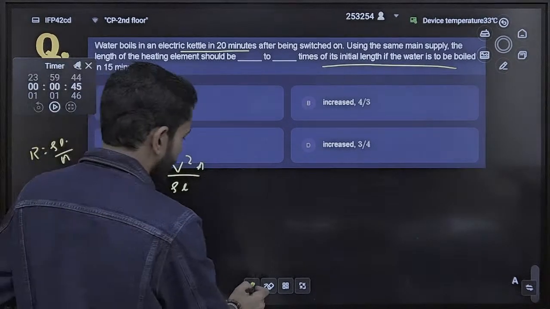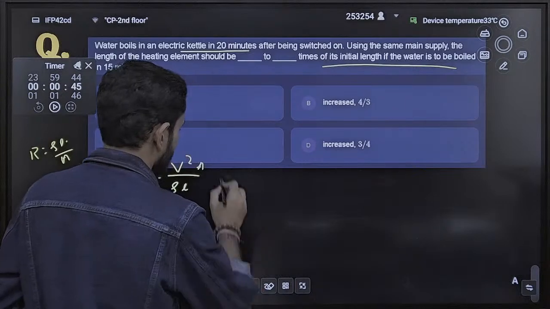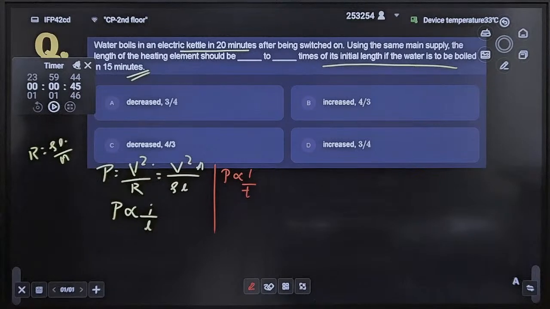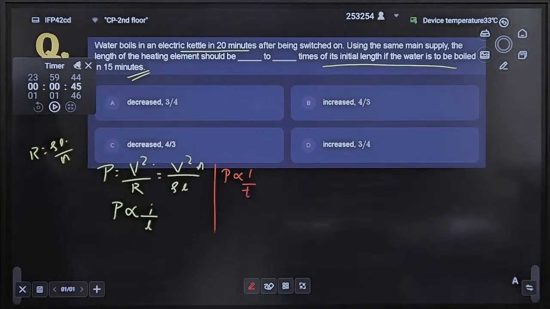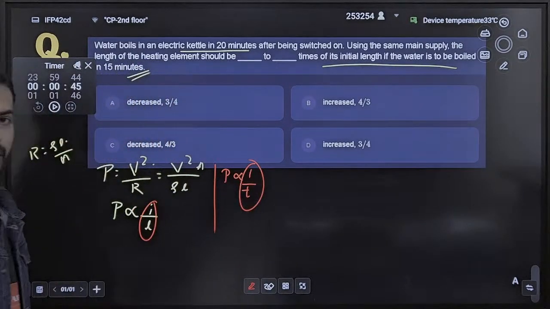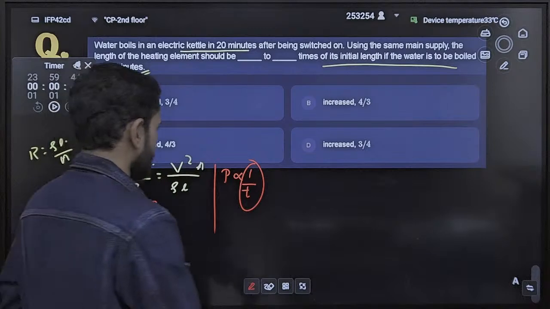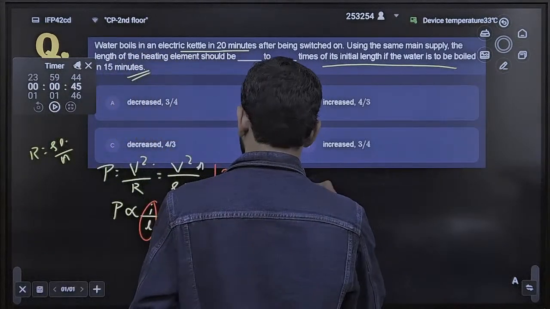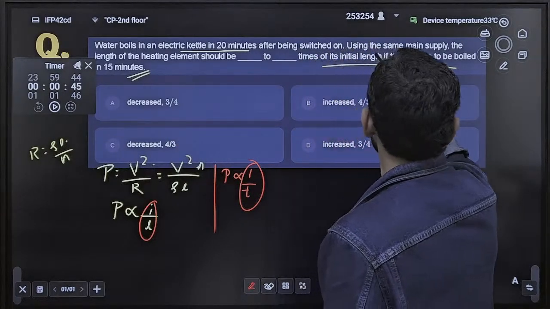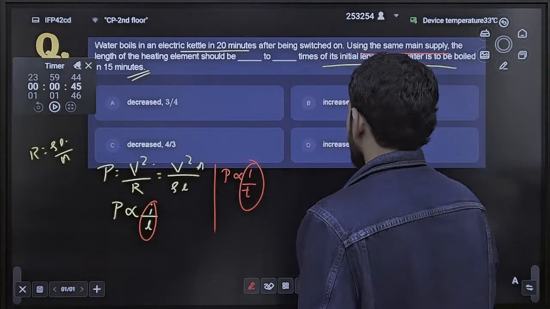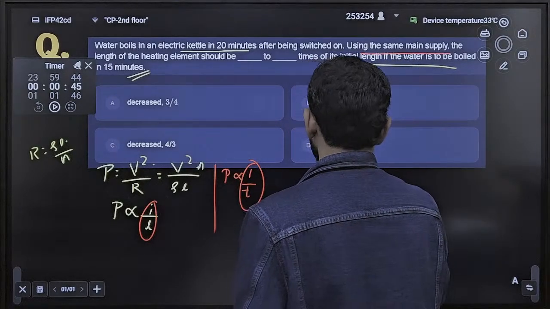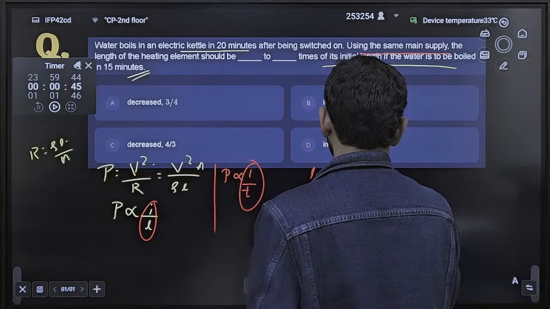And you know one more thing, that power is also inversely proportional to time. Is it clear? Power is also inversely proportional to time. So can I say this length and this time are directly proportional, correct? So just take the ratio of both the cases. Power is the same because the supply is given. Here what is written? Main supply, using the main supply is same. So what you can do? You can simply write L1 by L2 is equal to T1 by T2.